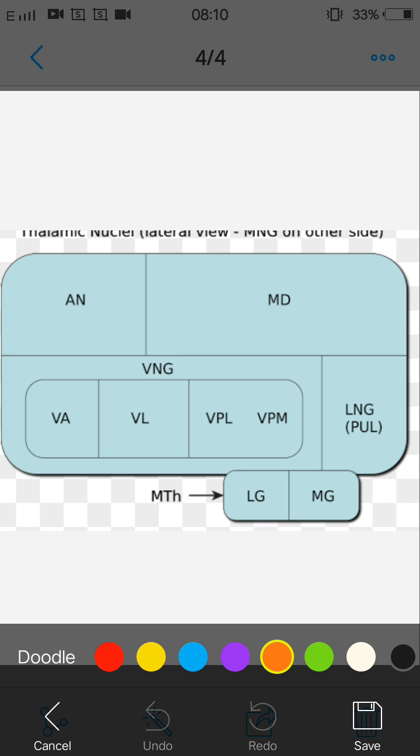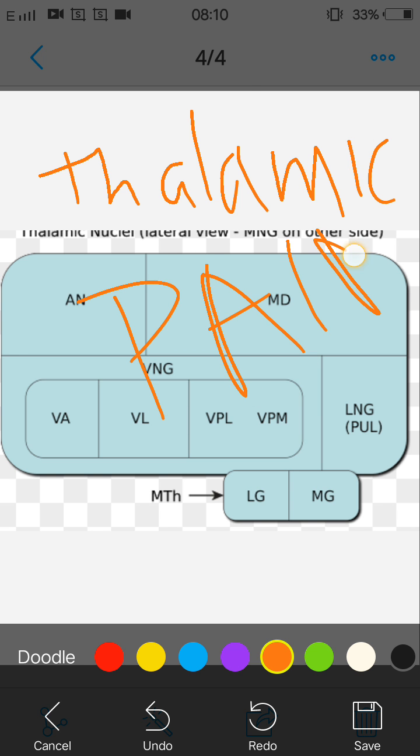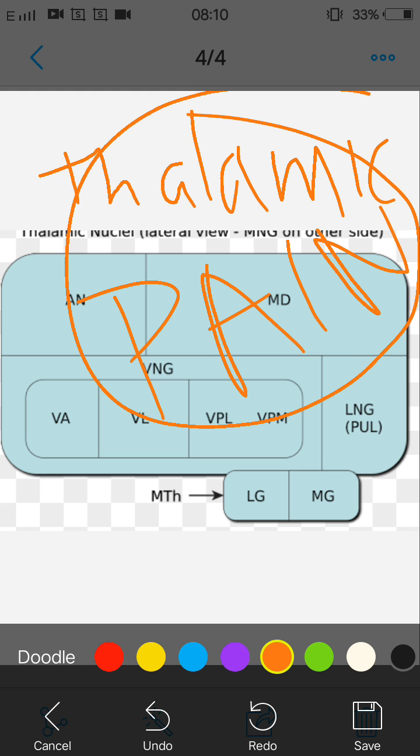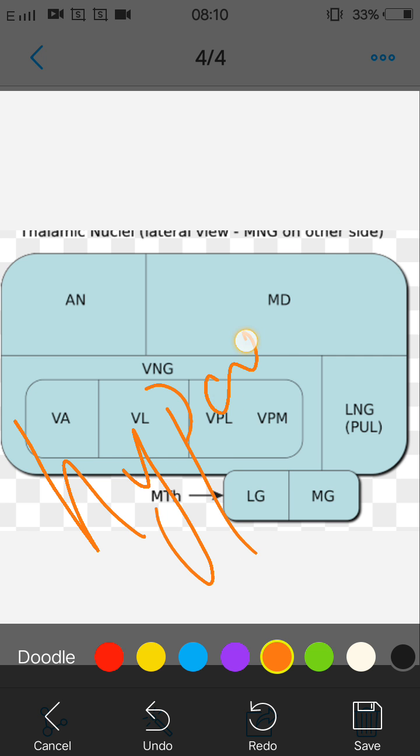One important last point about the thalamus is a syndrome called thalamic pain syndrome. If there is a lesion in the thalamus due to inadequate blood supply, the patient will be hypersensitive to pain.